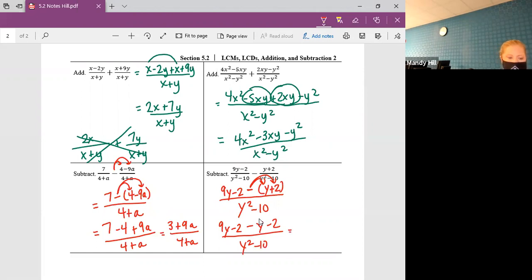Okay, so combining like terms here, I've got 9y minus, this would be a 1y if there's no number here. So 9 minus 1y is 8y. And then I've got negative 2 minus 2, which is negative 4. Y squared minus 10 would go on the bottom. Okay, and so that is 8.2.